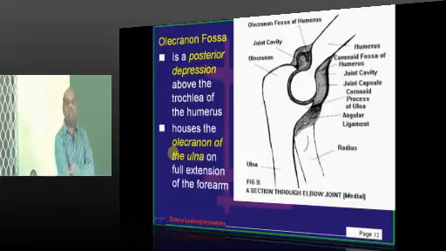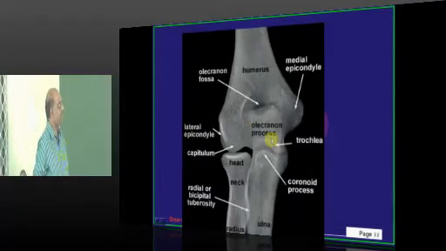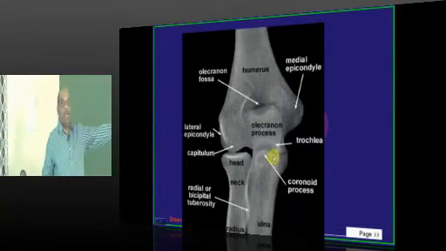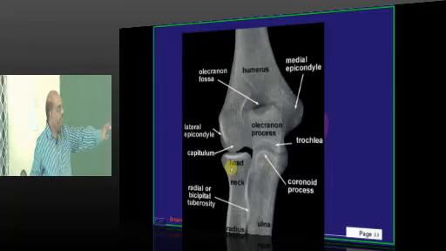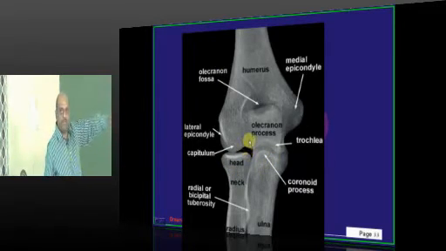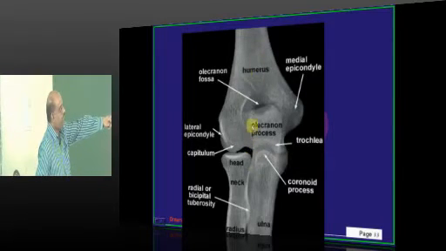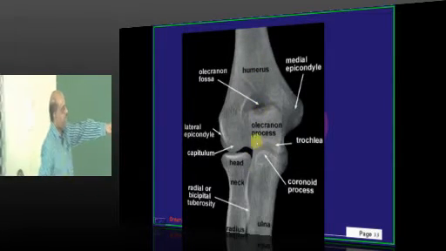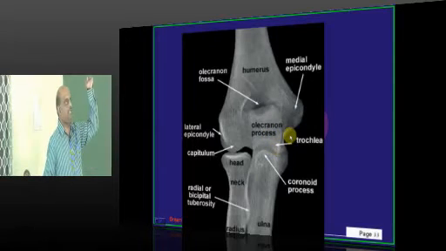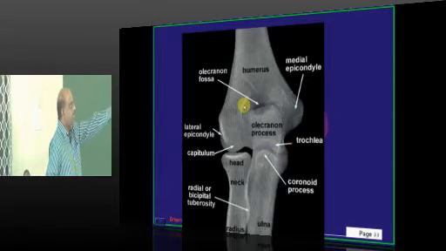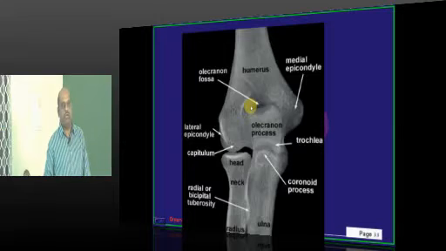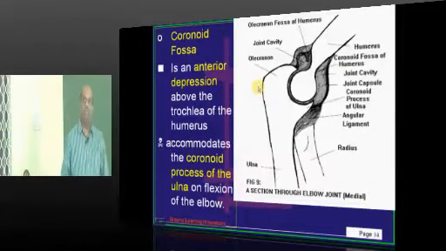Where is it? A posterior depression in the humerus. So I am looking at an X-ray of the posterior aspect of the humerus, from behind a person's elbow. Here you have the humerus, the olecranon fossa, and the olecranon process, the hood-like structure of the ulna, which will go and sit in the olecranon fossa whenever there is extension.